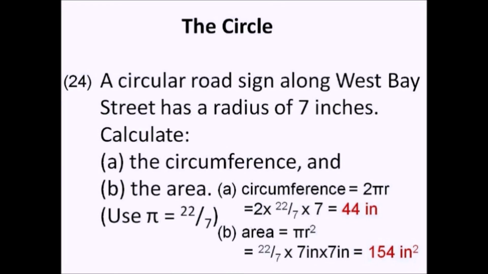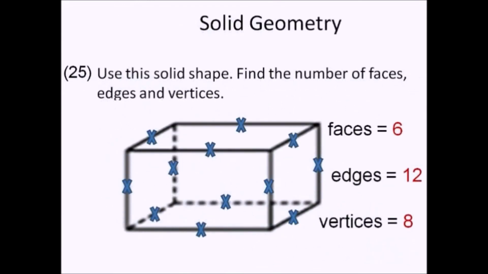Remember that, guys, for area, because it's inch times inch, so it's inches to the power of 2, square inches. And I gave you the formulas, guys, so you should have been able to work the circumference and the area.